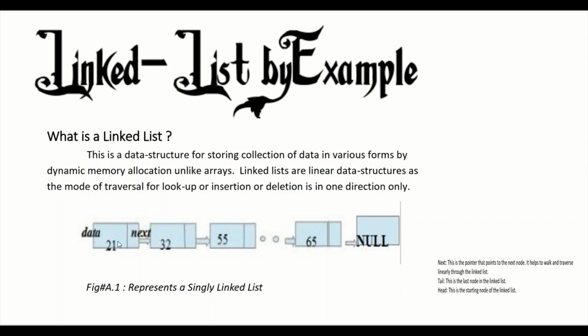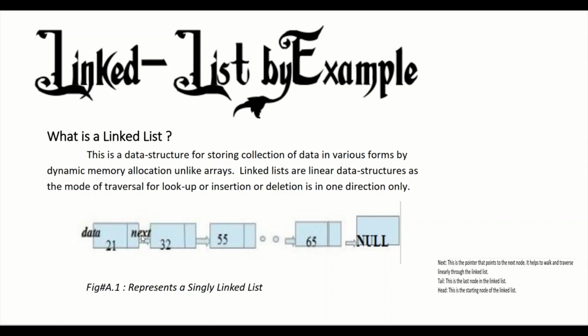A node in the linked list generally has data and then a pointer to the next node, as you see here. So you have 21 here, which is the data, and then 32, the data again, at the second node. So you have one node, the second node, the third, and so on, and the last node is terminated by a null pointer.